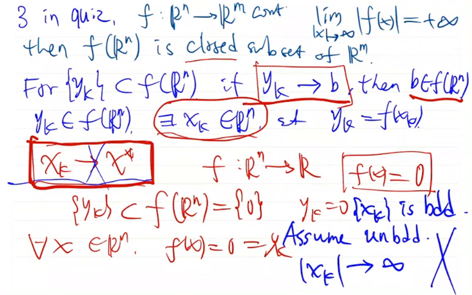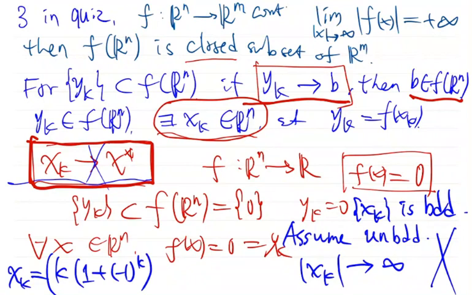This is also wrong, because a sequence can be unbounded but not approach infinity. For example, take x_k to be k(1 plus minus 1 to the power k) as the first component, and the other components are 0. Then obviously the norm of this x_k is unbounded.